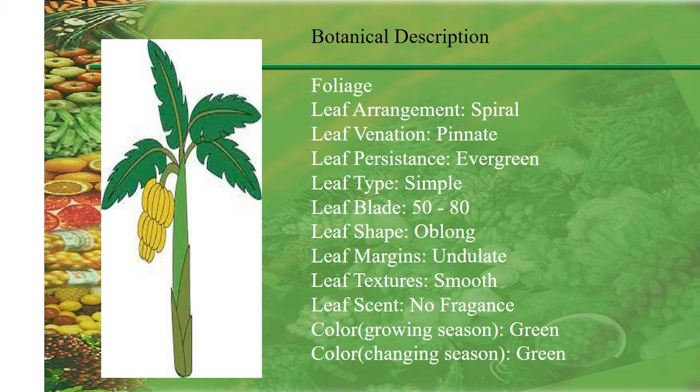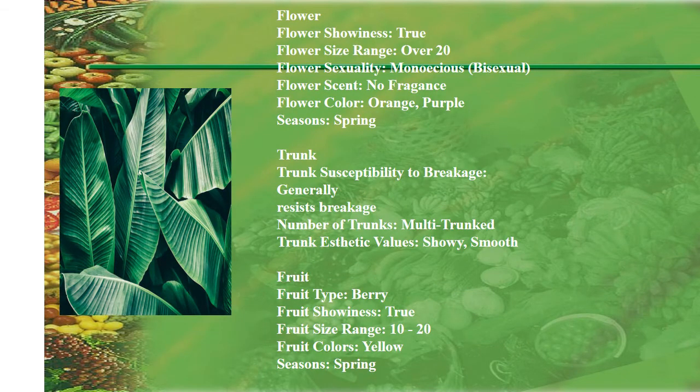Leaf scent, no fragrance. Color, growing season, green. Color, changing season, green. Flower, flower showiness, true. Flower size range, over 20. Flower sexuality, monoecious, bisexual. Flower scent, no fragrance. Flower color, orange, purple. Seasons, spring.